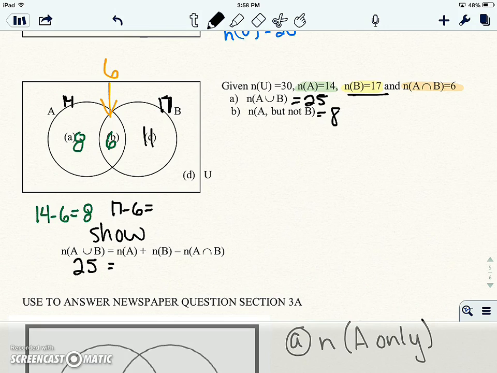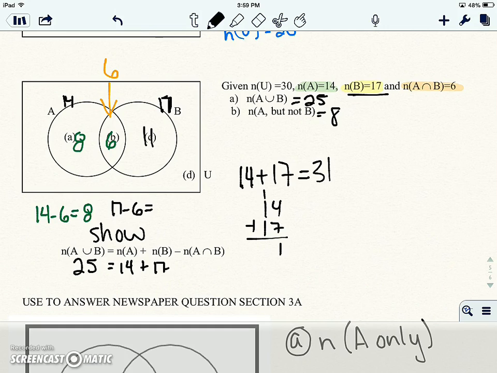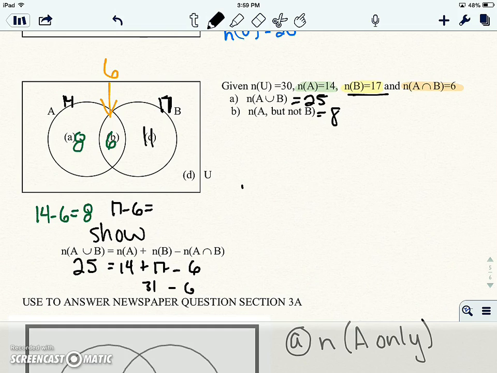Well, in A there are 14, in B there are 17. 14 plus 17 is 31. Okay, so we have 31. Subtract the intersection, subtract 6, and we get 25. So that's just a rule you need to know.